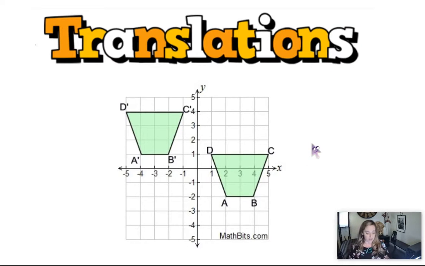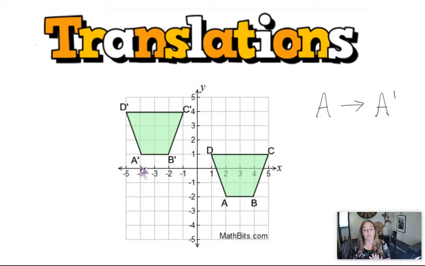So one thing before we start, do you see the picture here, where one of the shapes is called ABCD? The other shape has these little markers next to it. Those are called primes. So when A is translated, A turns into A prime.